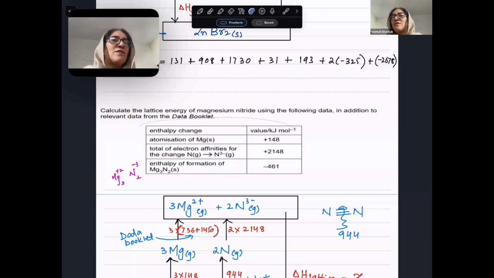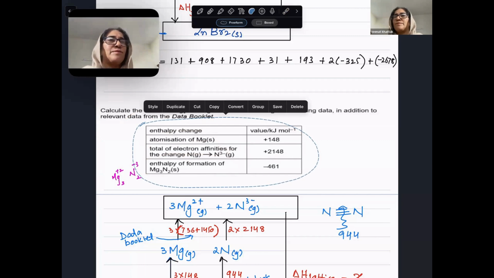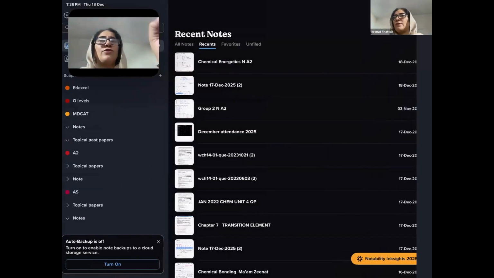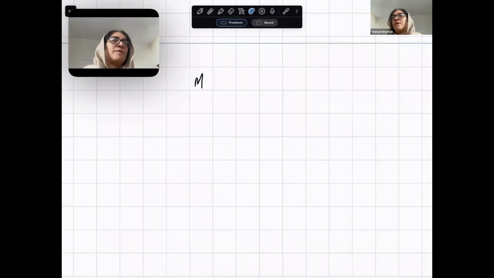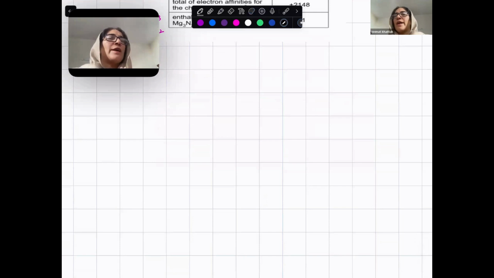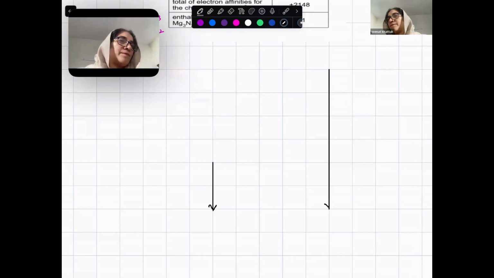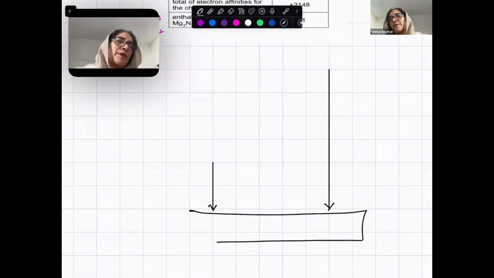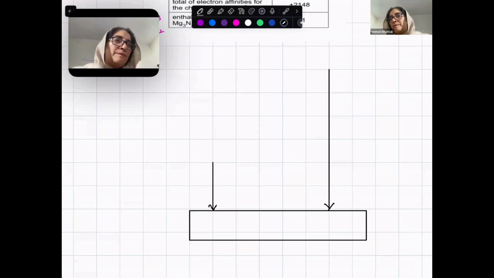If I use the same information and do it on that page for you, look at this. How are you supposed to do it? Again, a small arrow down, and then a long arrow. Magnesium nitride is Mg3N2.